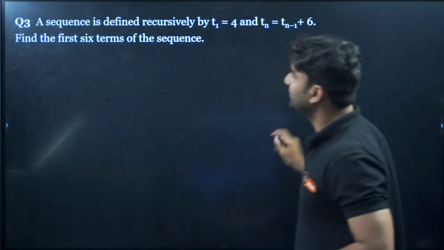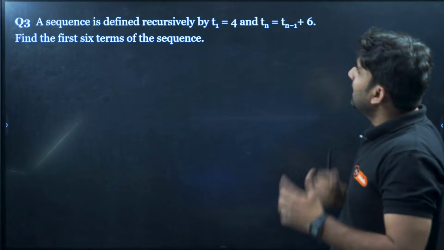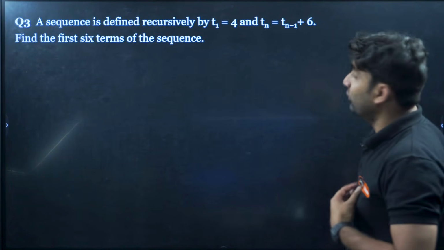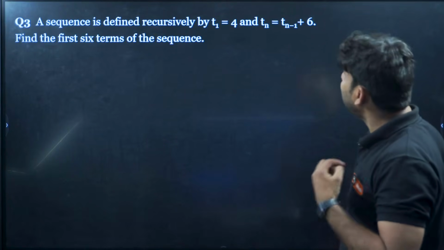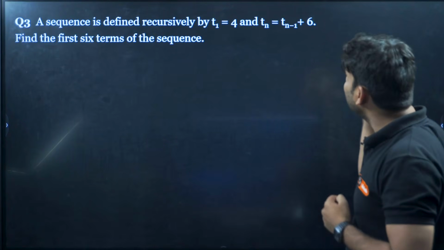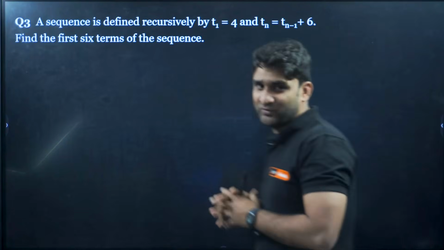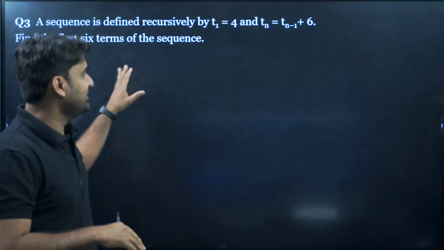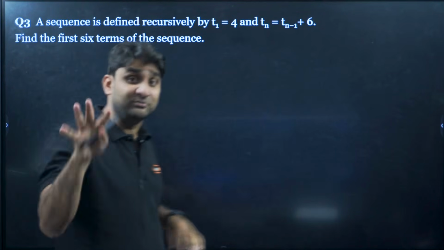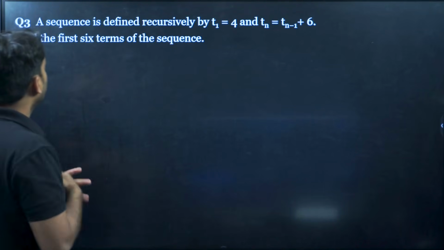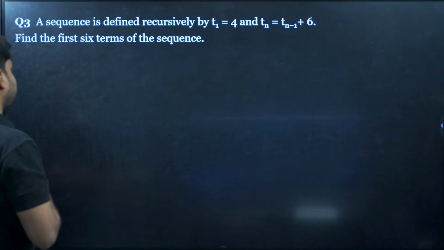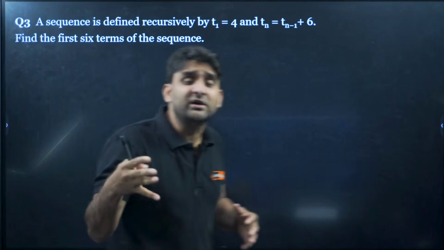Moving ahead, question number 3. A sequence is defined recursively by t1 is equal to 4, tn is equal to tn minus 1 plus 6. Find the first 6 terms of the sequence. This is a really good question, and these questions are from your Ganita Manjari NCERT textbook. Basically, you know the recursive formula. What is called recursive?